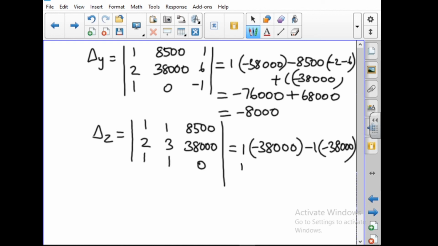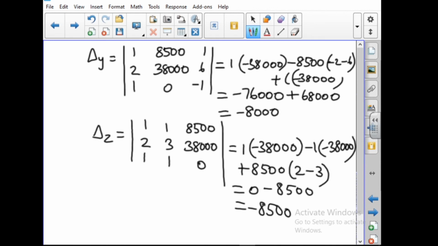Next, plus 8,500 into 2 minus 3. So your answer again here is minus 38,000 plus 38,000, it will become 0, 0 minus 8,500. So minus 8,500, okay.